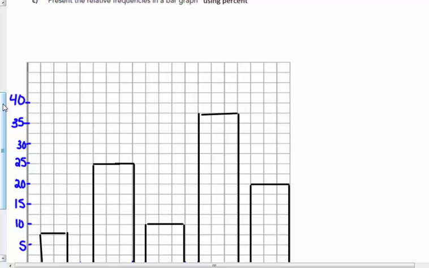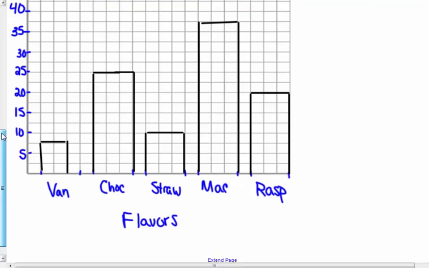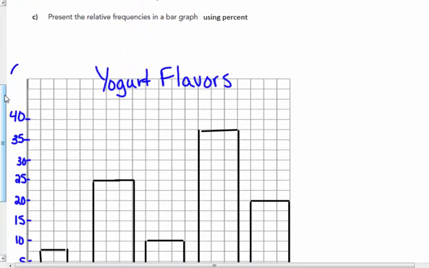And yes, I'm going to call this yogurt flavors. Or yogurt choices, but yogurt flavors is good. People picking yogurt, something along those lines. So we've labeled our x-axis, we've labeled our y-axis. I had to take mine off because you couldn't see it there, but it did say relative frequency. So maybe I'll write it here.